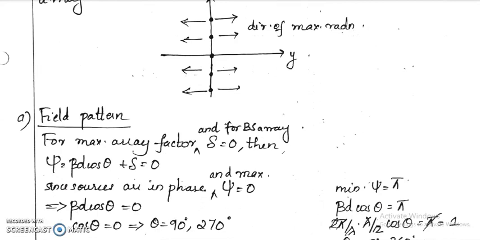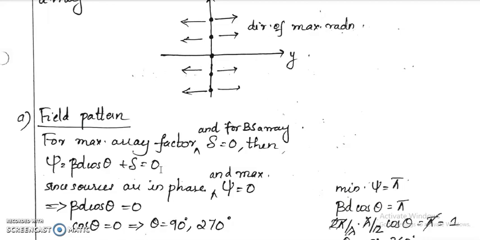So we can plot the radiation pattern. For that we want to find the maximum radiation. We know that the maximum radiation will occur when the phase difference is 0, and we know that the phase difference psi is equal to beta d cos theta plus delta, where delta is the phase difference due to applied current.